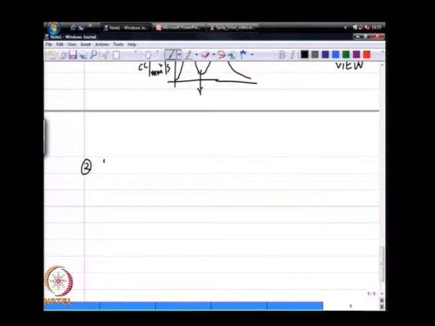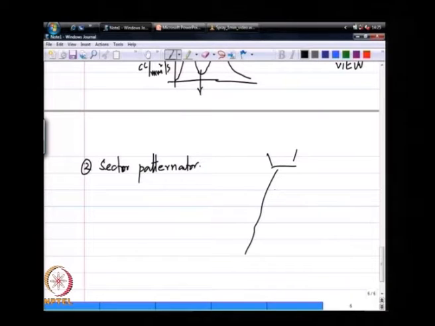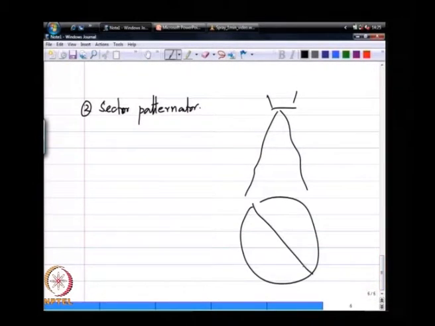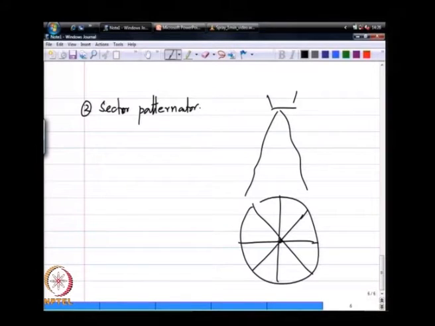The other is called a sector patternator, as you can now begin to see from the name. If I take a spray, I insert a patternator that is divided into 8 sectors, let us say, or I could do more, and each of these sectors drains into one test tube.